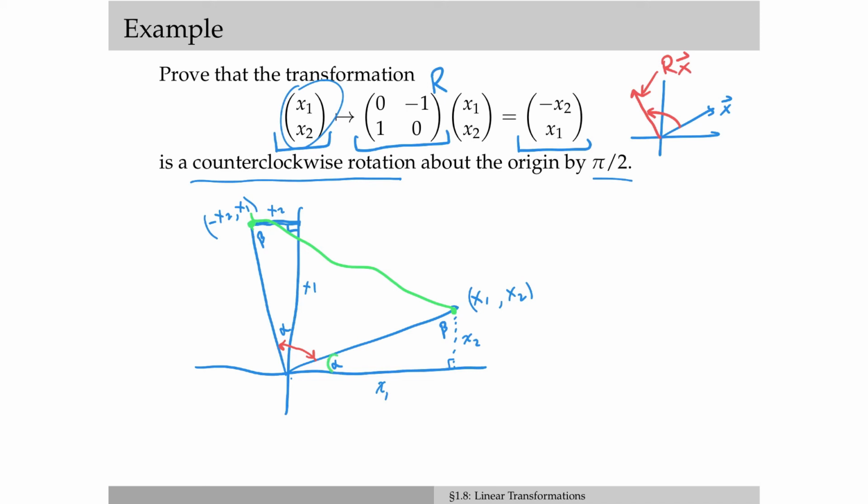Anyways, alpha plus some mystery angle delta here, what do those have to add up to? Well, they form the first quadrant. So this must be the complement of alpha, which we know to be beta. Well then, by that same token, if beta is the complement of alpha, then this red right here must be alpha plus beta. And therefore that's 90 degrees. So there we go.